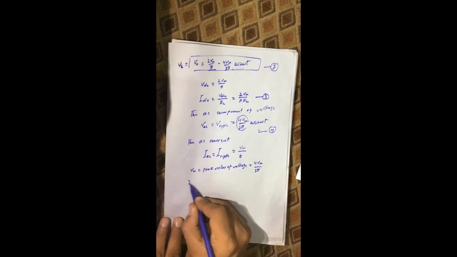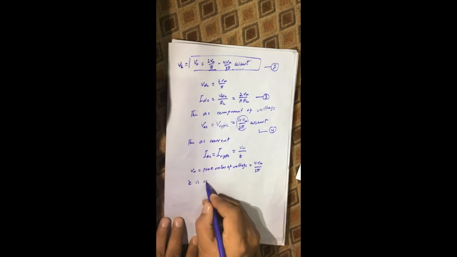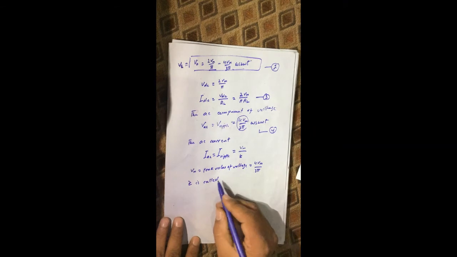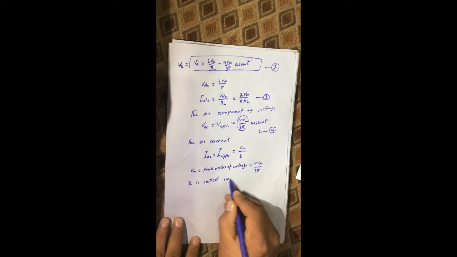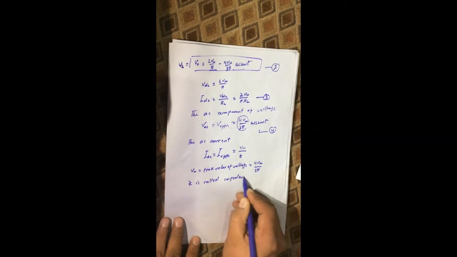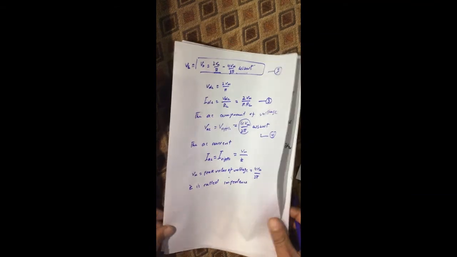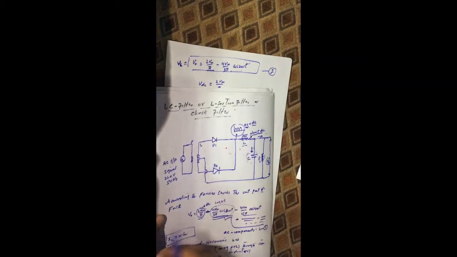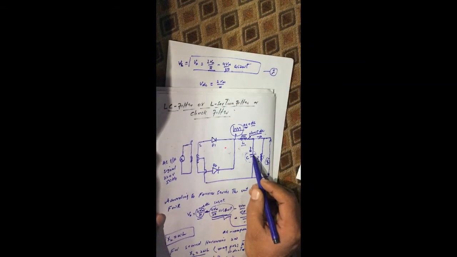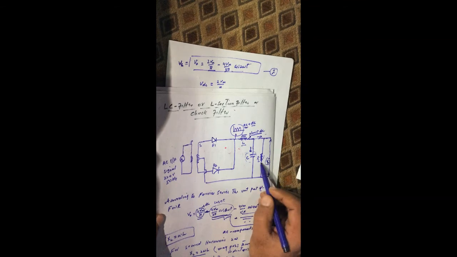Here Z is called impedance, or it is basically the resistance offered by, there are 3 components now. One is the inductor, the other one is the capacitor, and the other one is the load resistance.